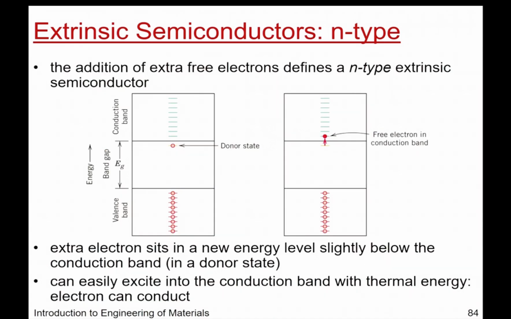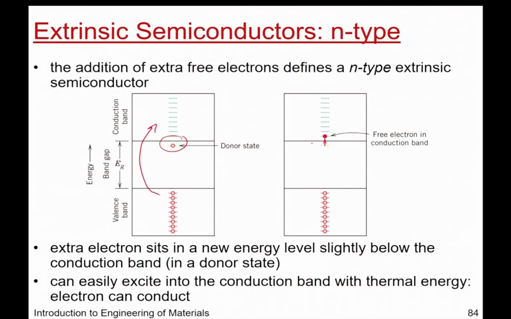And when we look at the band gap, now we're going to come back to both of your questions, I think, about energy states in the forbidden zone, in the band gap itself. So this energy state of this extra electron, it's going to sit right below the conduction band, and it's called the donor state. So then if you look at the band gap, you can say, okay, well, I can excite this electron in the valence band up to the conduction band.